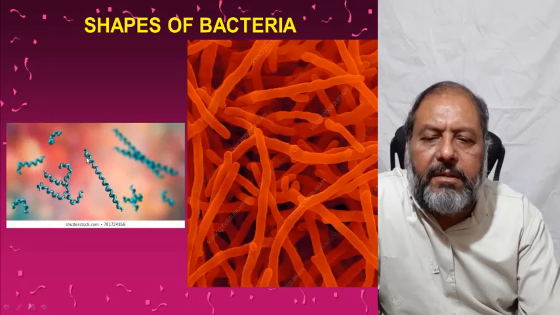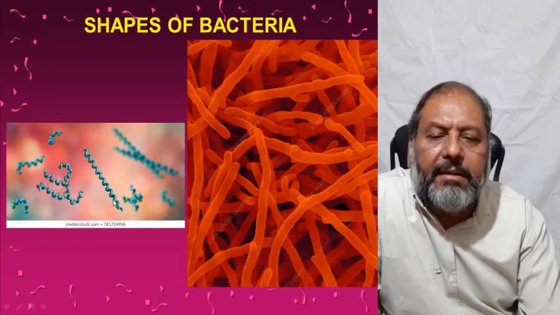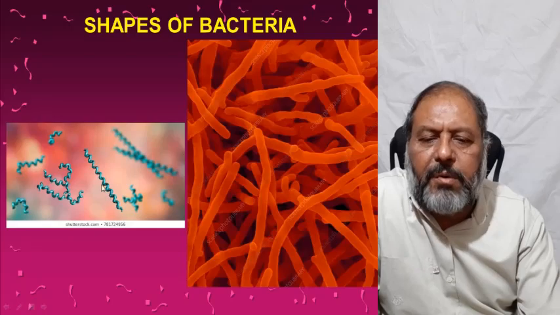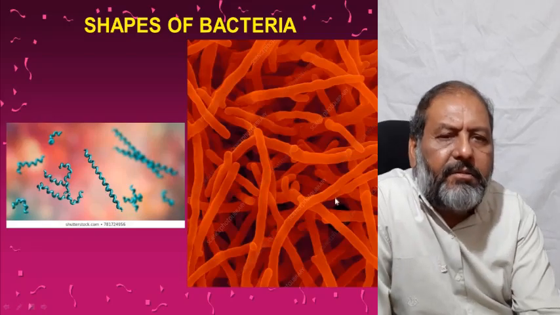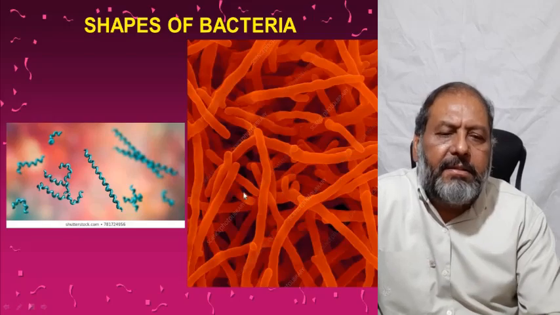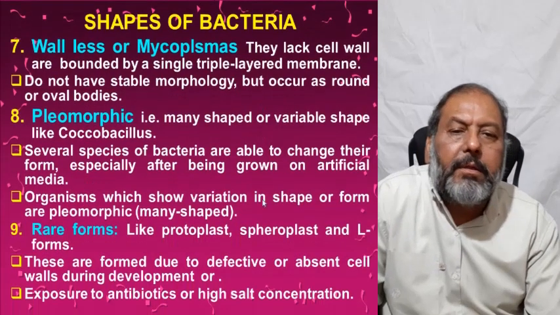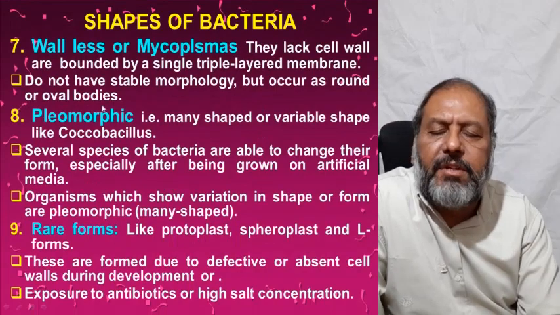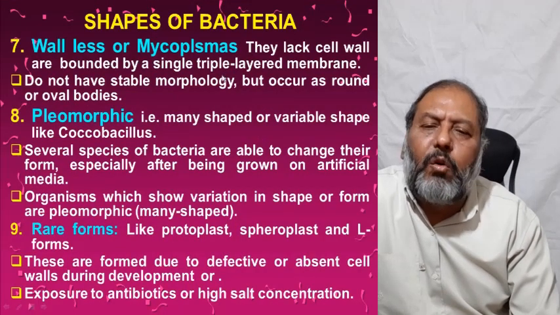Here you can see the tight spirillum. These are the coils, and that is the shape of the bacteria according to these coils. And here one can see the branching filaments, and that looks like a fungus in appearance. The other bacteria which have a different shape are the wall-less ones, or the mycoplasma.